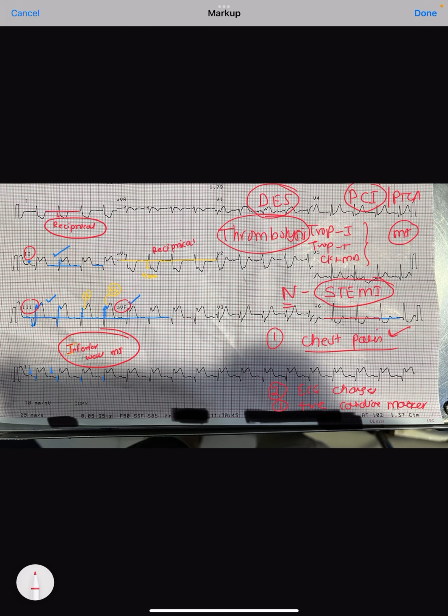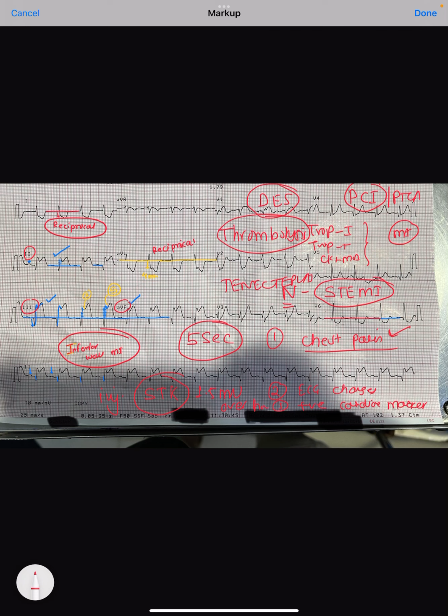The most commonly preferred is tenecteplase, which is given over a period of 5 seconds. The MI is thrombolysed with tenecteplase over a period of 5 seconds. Or if the patient is poor, it can be done with STK, injection streptokinase, 1.5 million units over 1 hour.